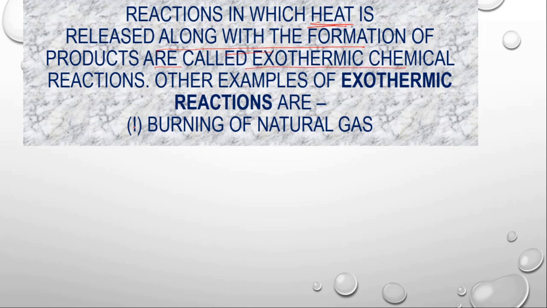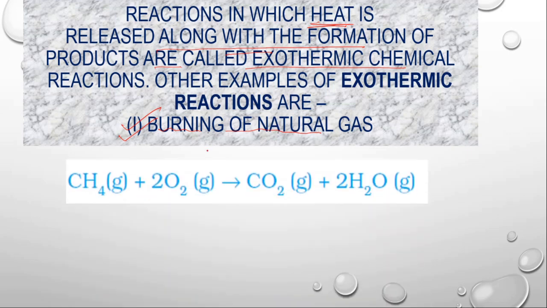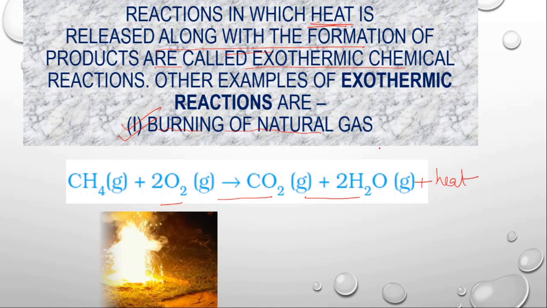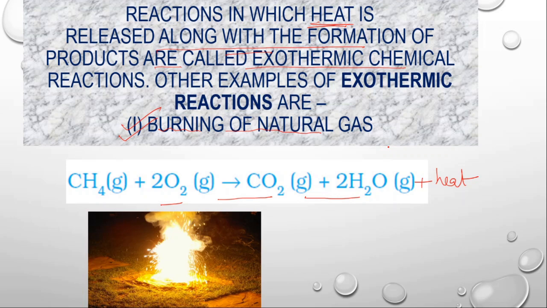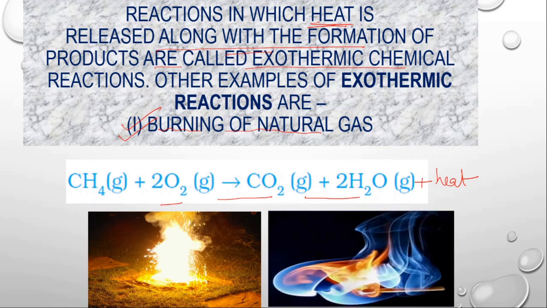Some examples of exothermic reaction are the burning of natural gas or methane. When we are burning methane, it is forming CO2 and water, and also giving out heat. So these reactions can be considered under exothermic reactions, right?